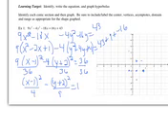And then if we just draw in our box, it's going to look something like that. And so we draw our asymptotes.